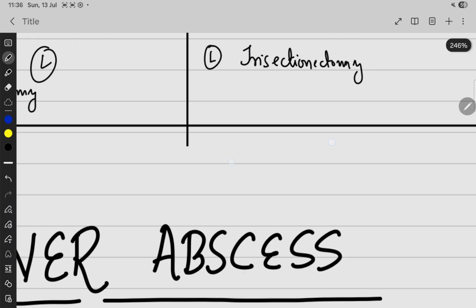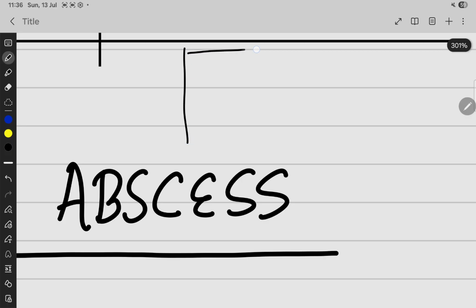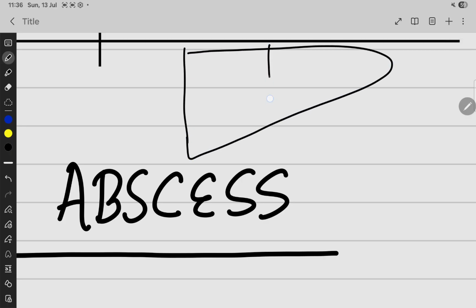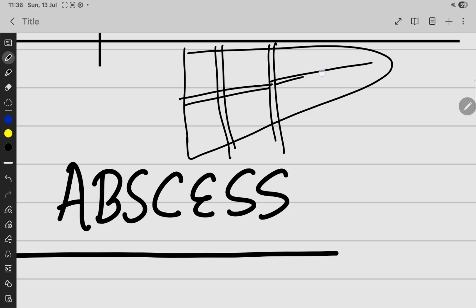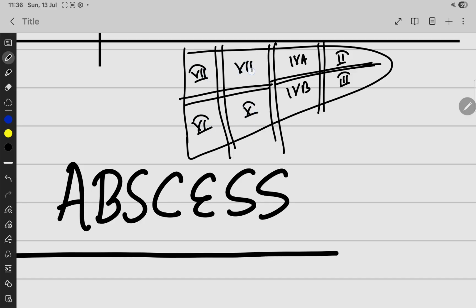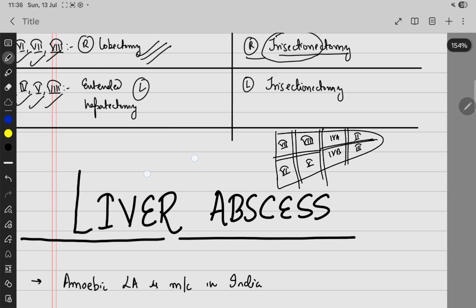So I'll just make one small diagram. This was 4A, 4B, 2, 3, 5, 6, 7, 8. So let's look at the last one.